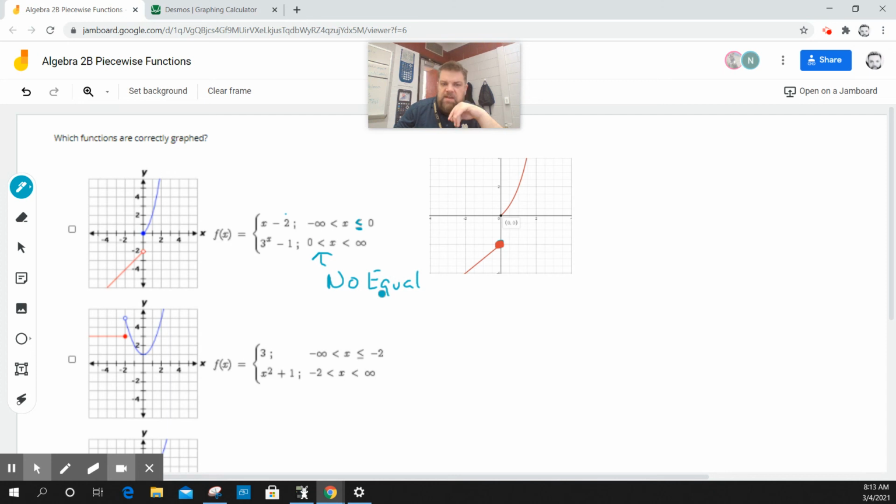So that means I could go right up to 0, but I can't include 0. So that one is wrong. And you might say, well, why? Well, because the closed circle's in the wrong spot.